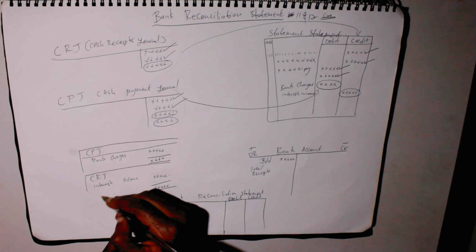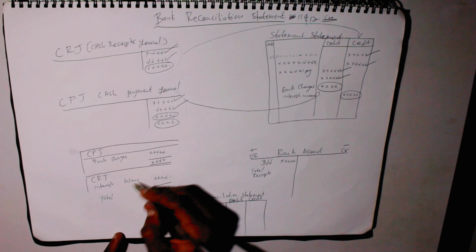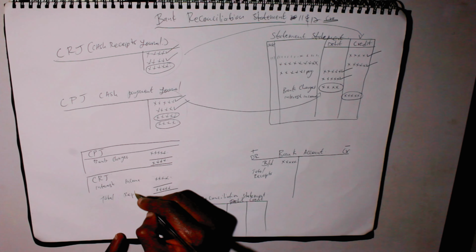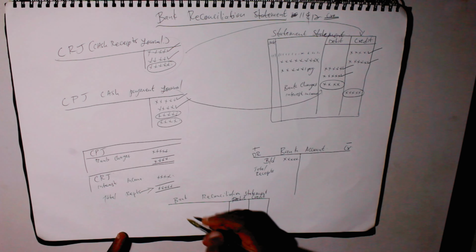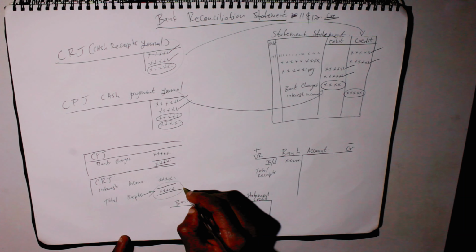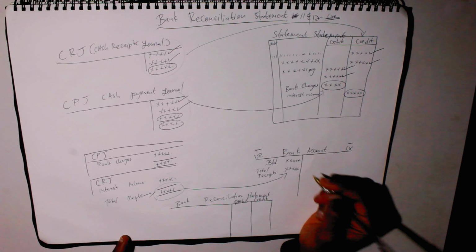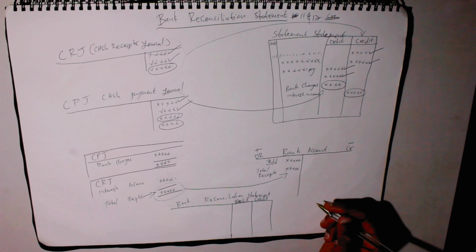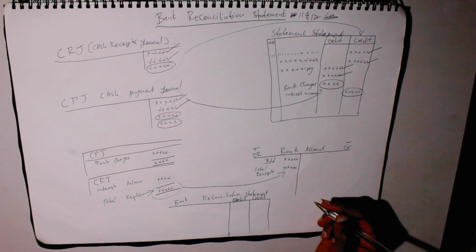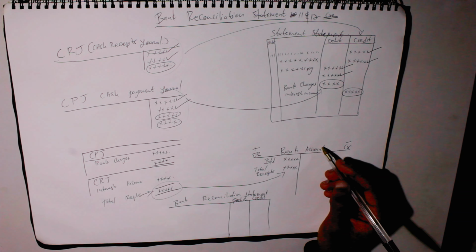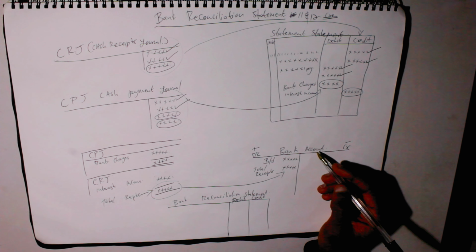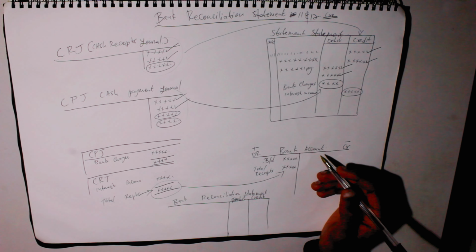This is the total receipts. You see, so you take it as it is, you take it here. You record it on the debit side of the bank account, because it's an income, money came into the bank, right? So when we do our ledger account, we're dealing with the bank as an asset.